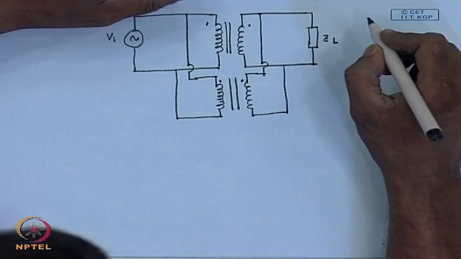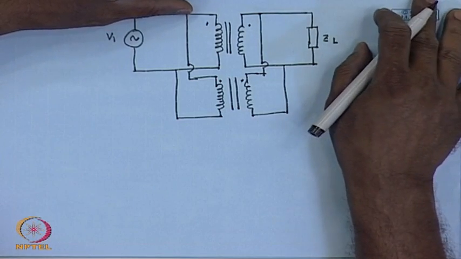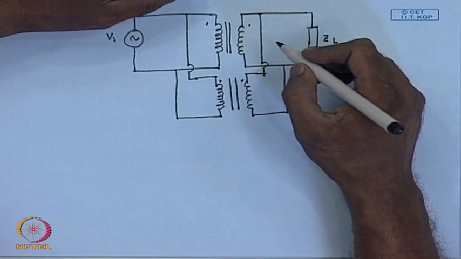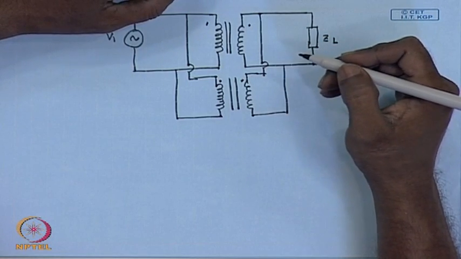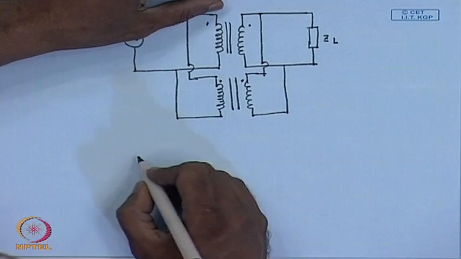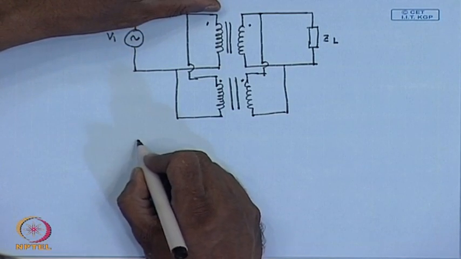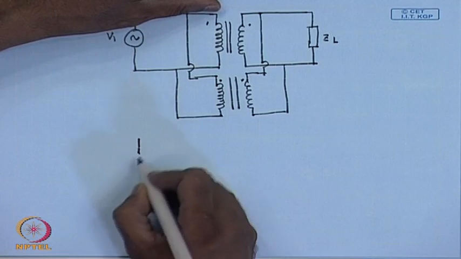So, if we want to draw an equivalent circuit of this situation, then we must recognize that now this impedance will not exactly be connected in parallel, but for the first transformer we can still draw the equivalent circuit with respect to the load side.